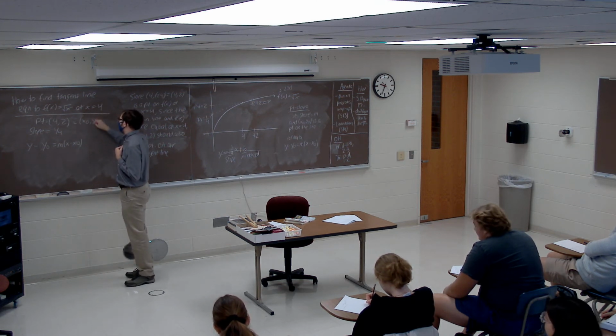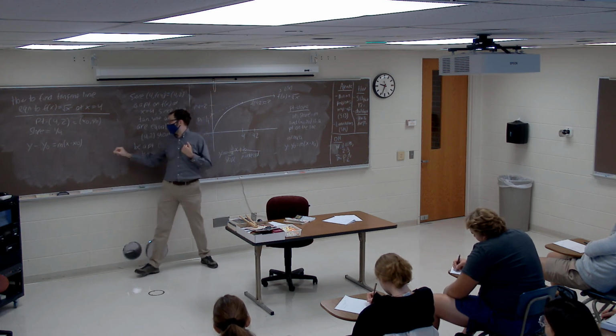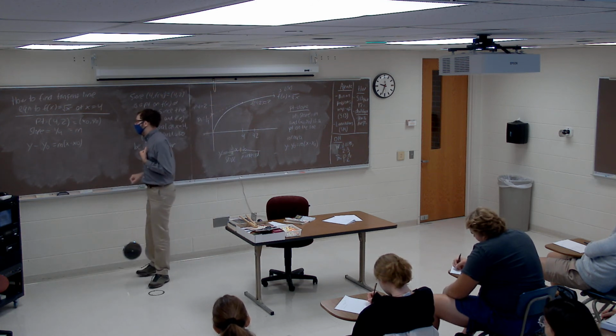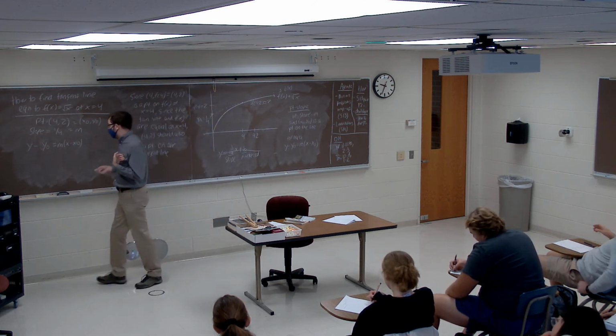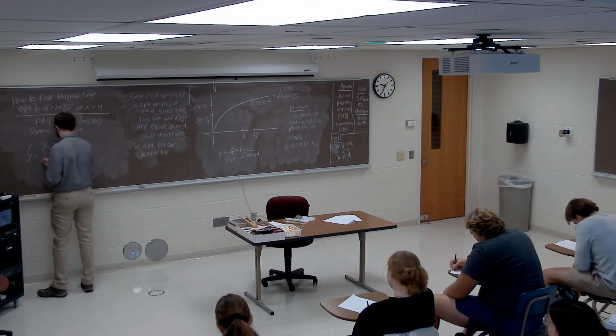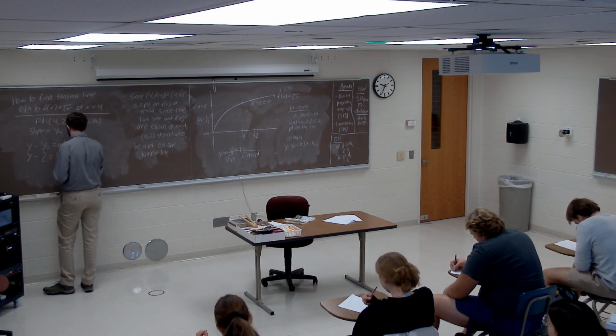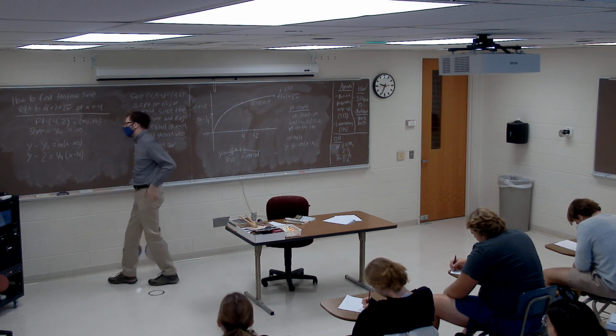Our x naught comma y naught is going to be the point 4 comma 2. Our slope is going to be our m value of a 4th. So if we plug in all those values, we'll get that our tangent line has a formula of y minus 2 is equal to 1/4 times x minus 4.